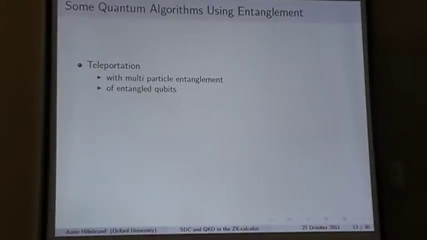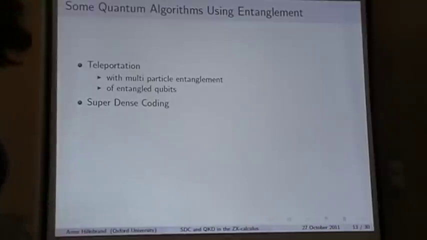So there are some protocols that teleport to entangled qubits. It's quite cool. You can do that as well. Then superdense coding, that's what we'll be talking about today. Superdense coding with the GHZ state means that you will be transferring a number of qubits, and that way you'll be transferring more classical bits. That's what's called superdense coding. We'll be looking at that today.